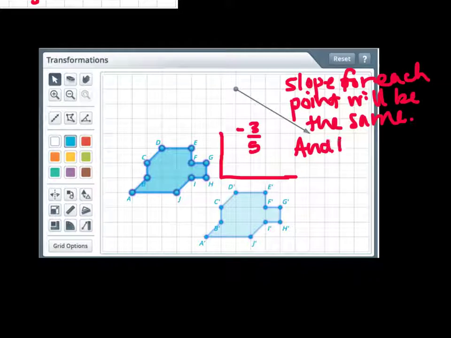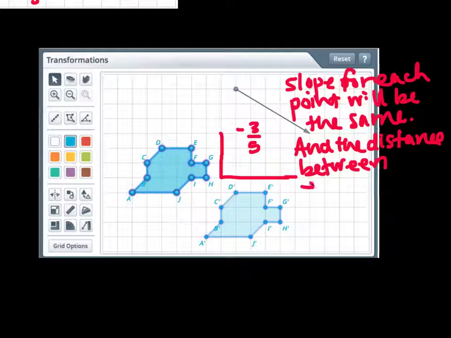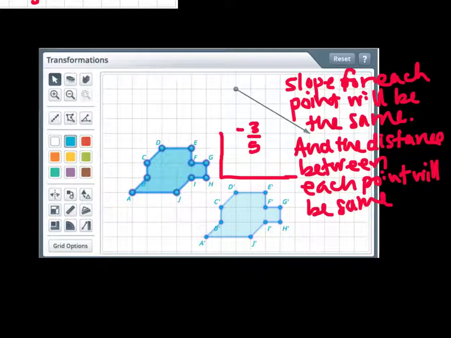And the distance between each point will be the same. So the distance between E to E prime is the exact same distance as, say, C to C prime. That's the same distance, same slope, parallel lines.